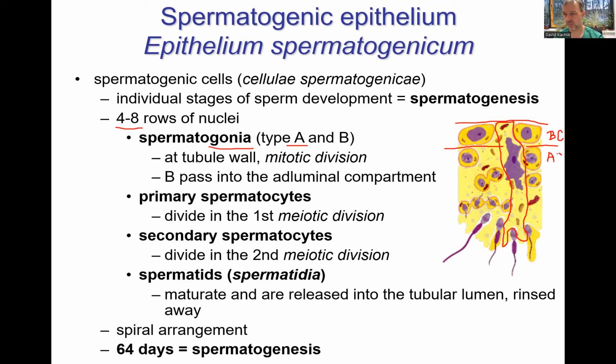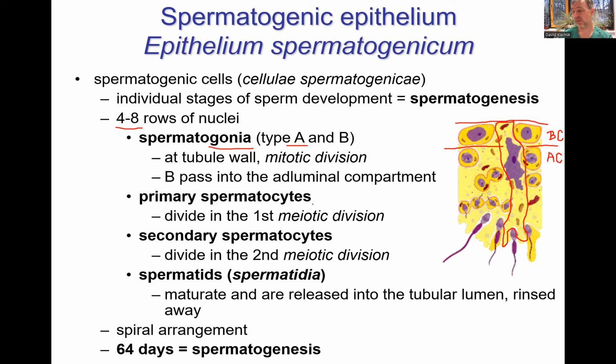Why do we need two compartments? Spermatogonia are here from the beginning of the development, so their antigens are known to the immune system, and the immune system does not fight against them. But then the spermatogonia B changes into primary spermatocyte, and the primary spermatocyte undergoes meiotic division.